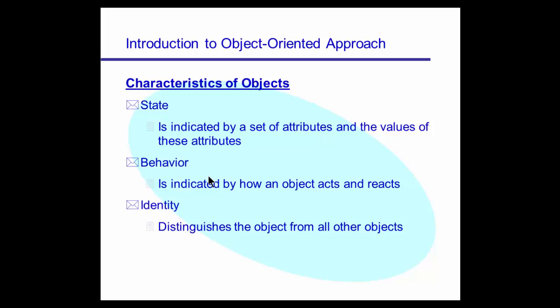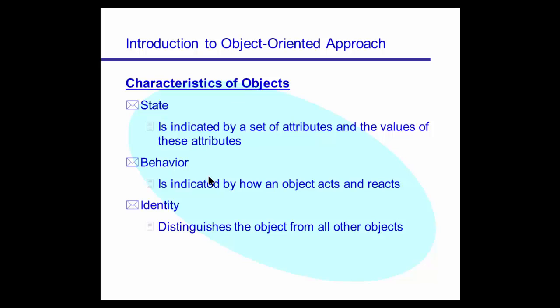For example, if you take the basic salary attribute of an employee and perform some calculation on that basic salary to produce a net salary or gross salary, that kind of characteristic shown by an object is known as behavior.